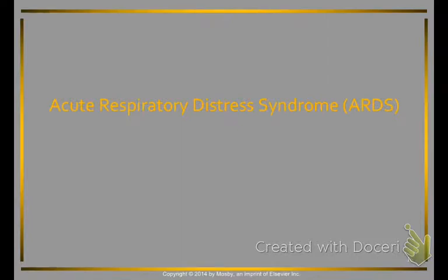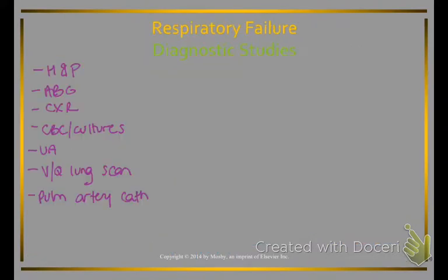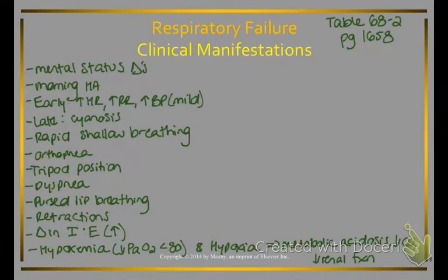Did you say something about hypoxia versus hypoxemia? Mm-hmm. So right here, in the green, clinical manifestations. Hypoxemia is just a PaO2 of less than 80. Hypoxia is a PaO2 that's low, typically lower than 60, that has signs and symptoms.